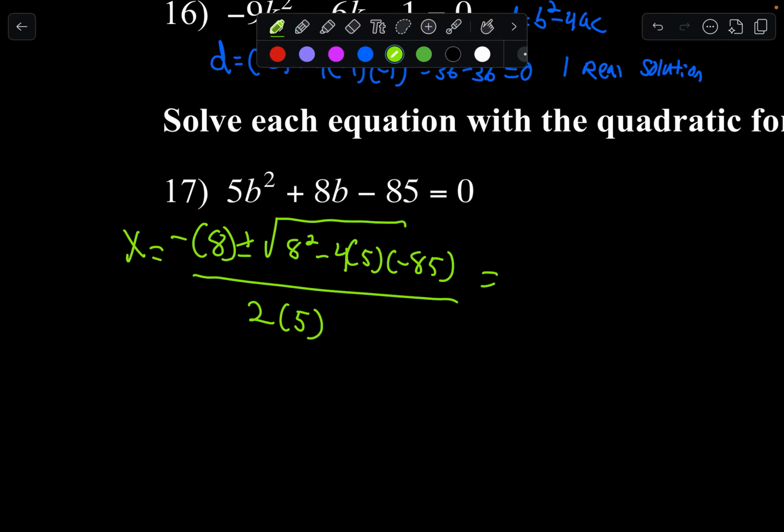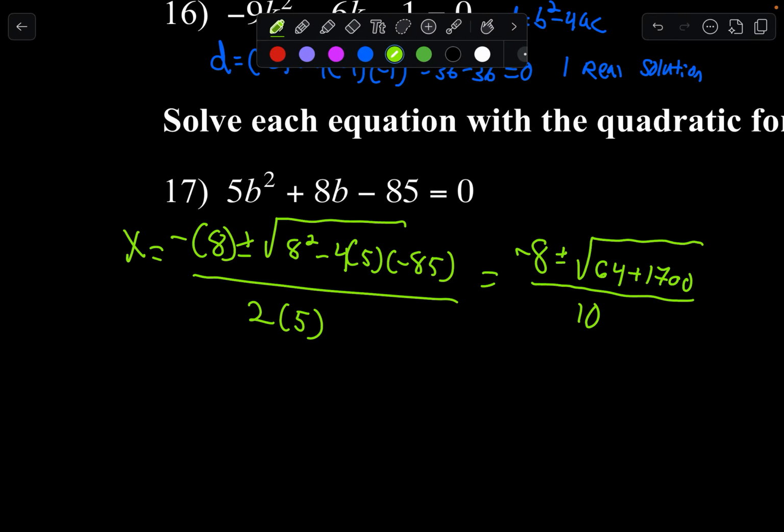Okay? That equals negative 8 plus or minus the square root of 64, that's what 8 squared is, plus negative 4 times 5 is negative 20. Negative 20 times negative 85 is positive. 20 times 85 is 1,700, all over 10.